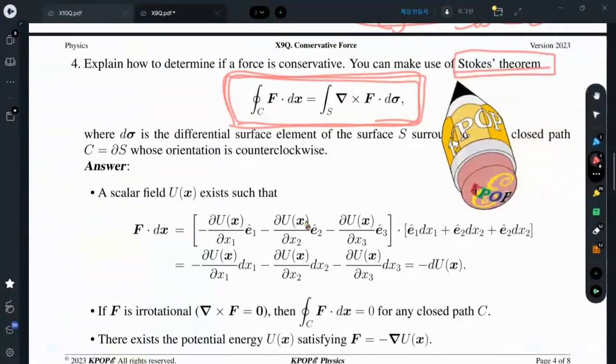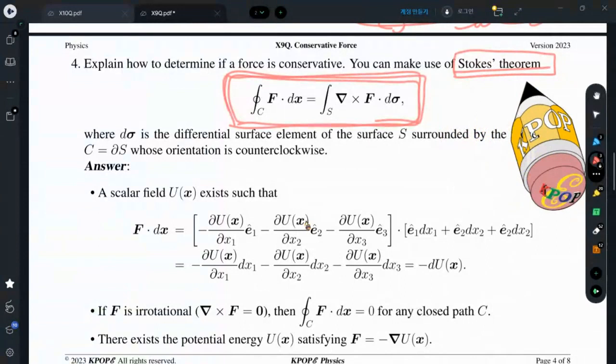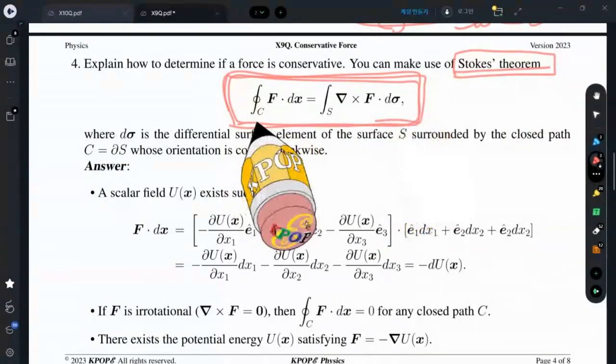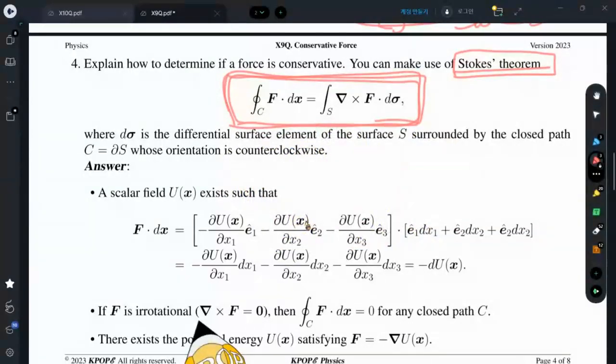Complete proof is given in the corresponding version, but I don't want to review all the details about the proof of Stokes' theorem. We do not need that, even though I have provided it. So you just remember the result, and you have to be able to apply this result in a correct way.